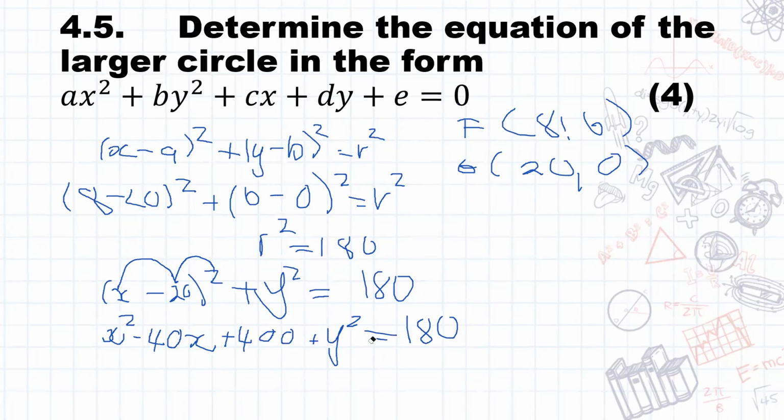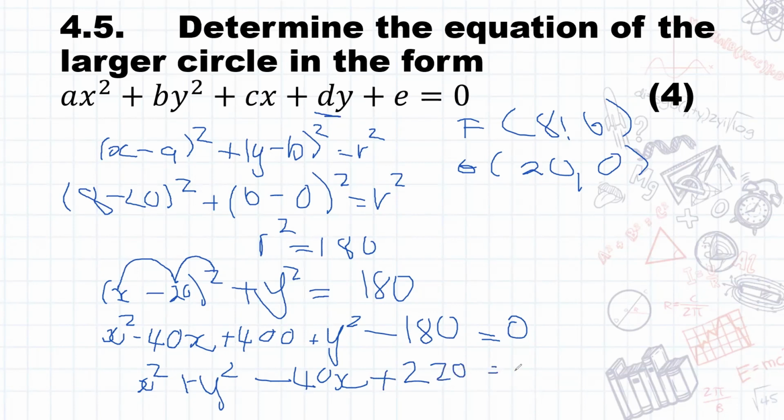And I'm just going to say minus 180 is equal to 0. Okay. So now if we rearrange this equation, it's going to be x squared plus y squared minus 40x. There's no actual y value here, so we can ignore that one. And then 400 minus 180 is 220. The magic of a calculator in the background there. And so that is your final solution.